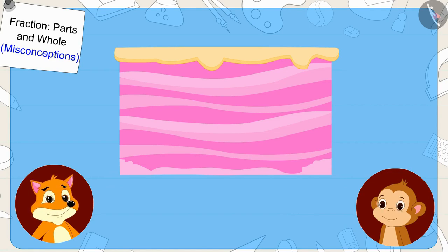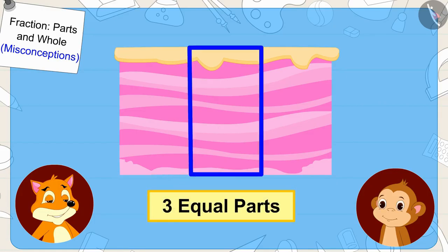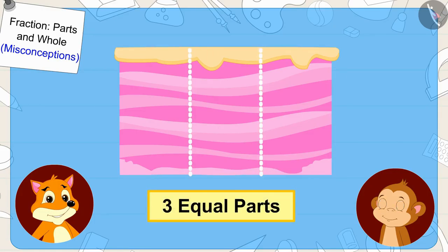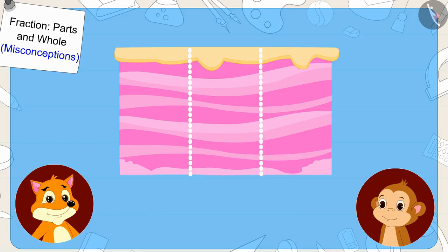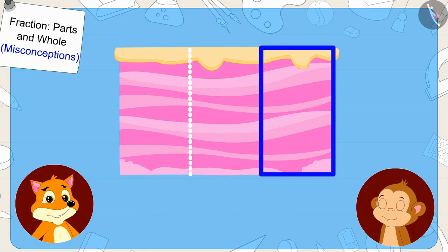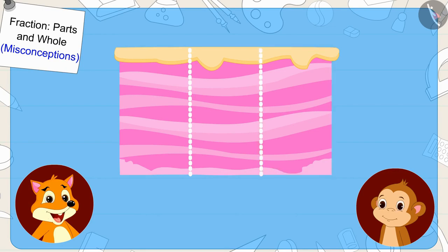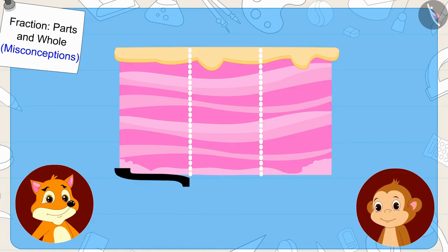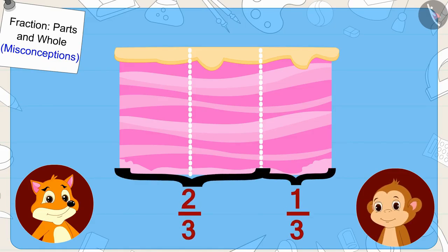The fox agreed. The fox split the cake into 3 equal parts in this way. The fox told Babban that she would eat 2/3 of the cake and Babban will eat 1/3 portion of the cake. When Babban could not understand, the fox wrote it in the form of a fraction.